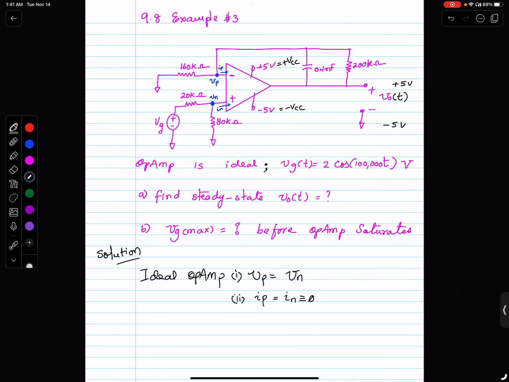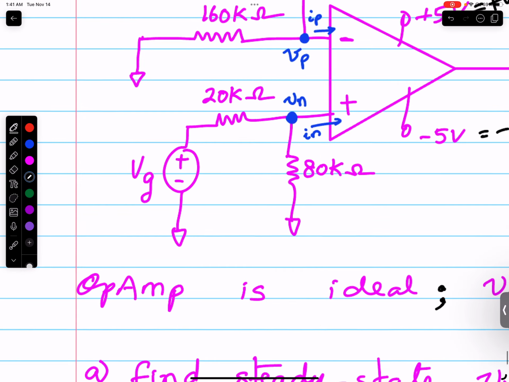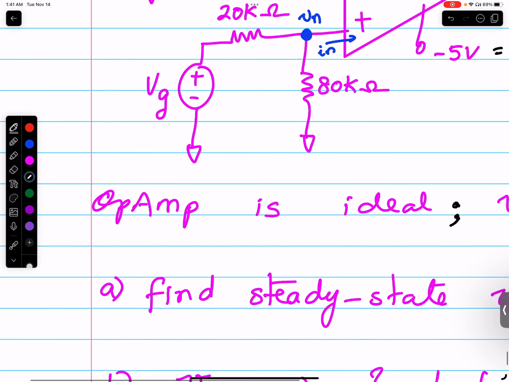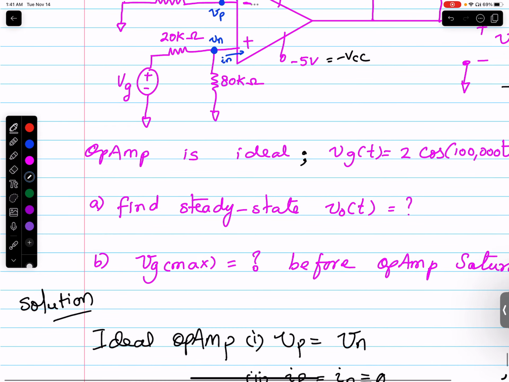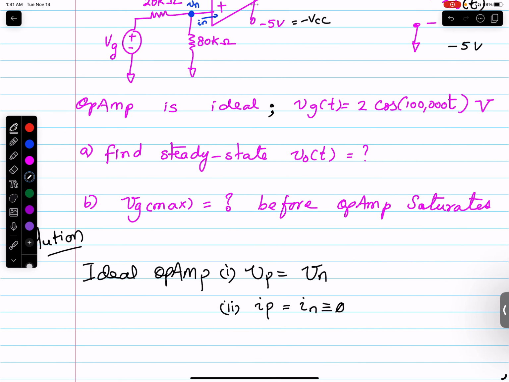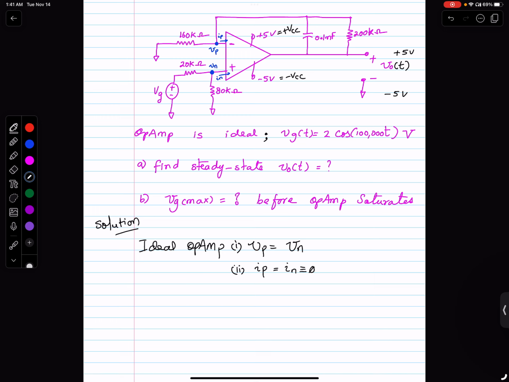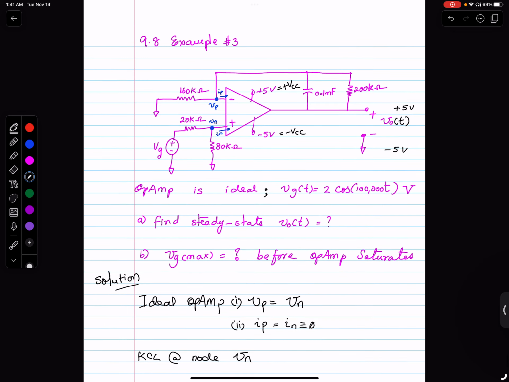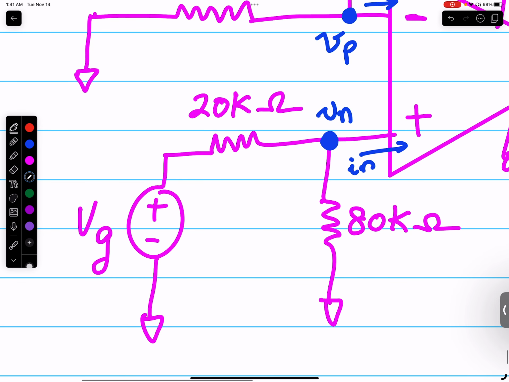Okay, very good. Now here we can start writing nodal analysis. Let's write KCL at node VN, that's this guy. If we look at all the currents that are leaving, the sum of all those currents should be zero.